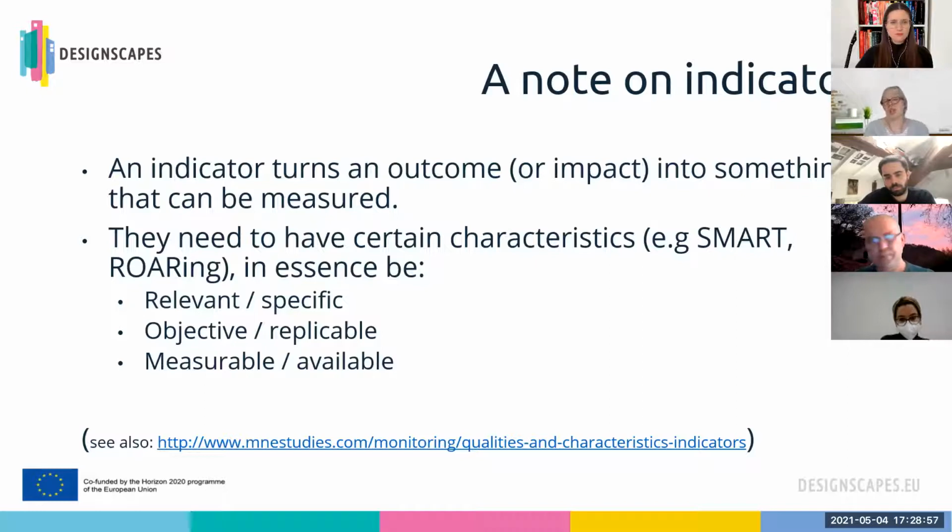They should be objective in the sense that if somebody else used them, they would get a measure of the same item, and they need to be formulated to be something that we can actually measure and where we can actually get the data.